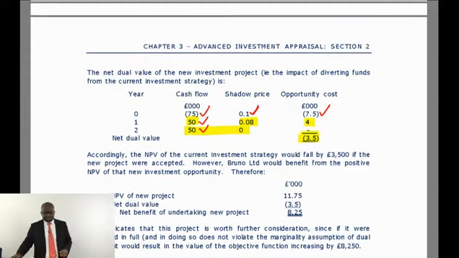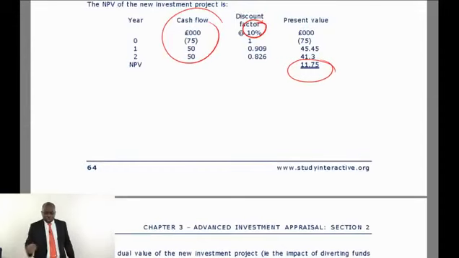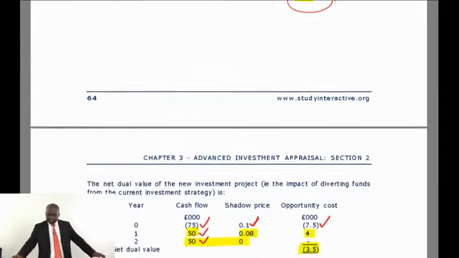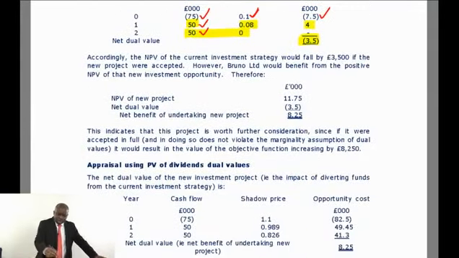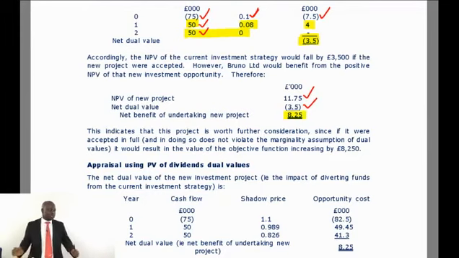Therefore, I am not going to enjoy the whole of its NPV of 11.75, but I will enjoy the 11.75 and lose the 3.5 because I'm capital constrained. And therefore I should be able to increase my shareholders' wealth by 8.25, telling me that the project is financially acceptable. I'll be happy to divert the money because I will lose the 3.5 and bring in 11.75. My shareholders' wealth will increase.